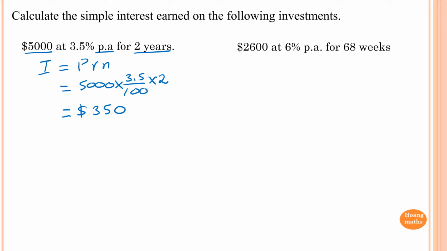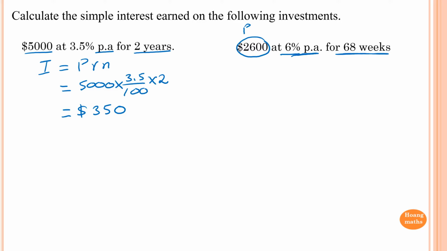Next one. In this case the amount of investment is $2,600 at 6% per annum for 68 weeks. Remember, this is the P, and this one here is the interest rate. Because this is per year and this is per week, it's slightly different now.